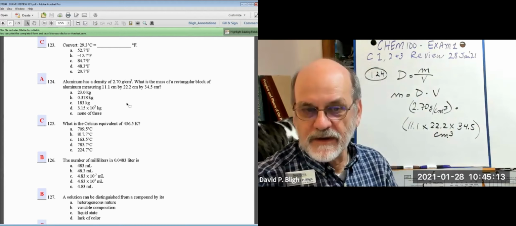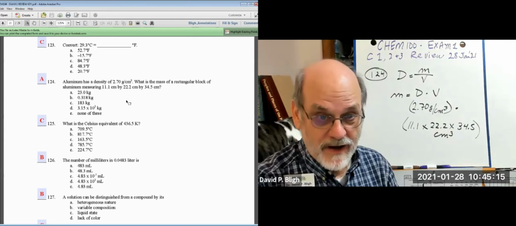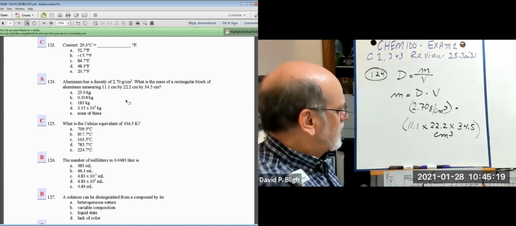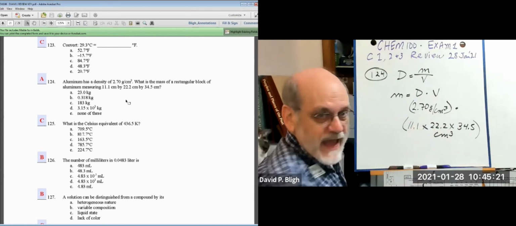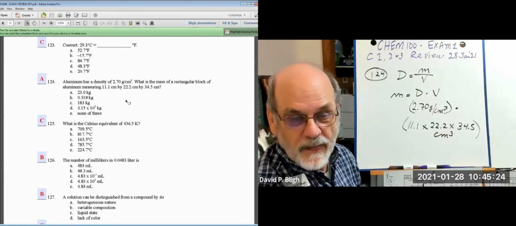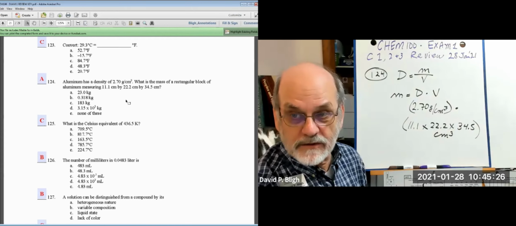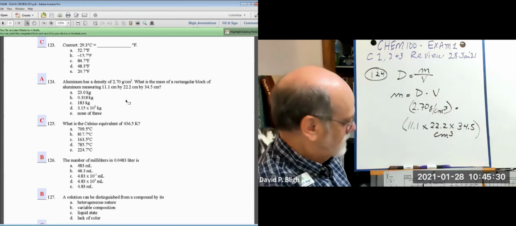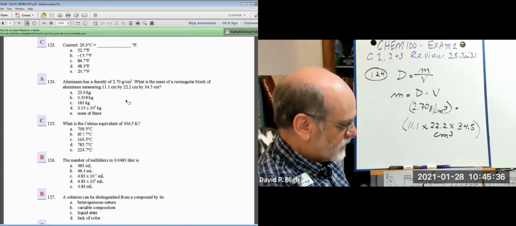There's a twist. Our answer is going to be in grams, right? Let's do the calculation then. That's grams, so the answer is going to be in grams first. But the selections are all in kilograms, correct? So let's say 11.1, 22.2, and 34.5, now times 2.70.